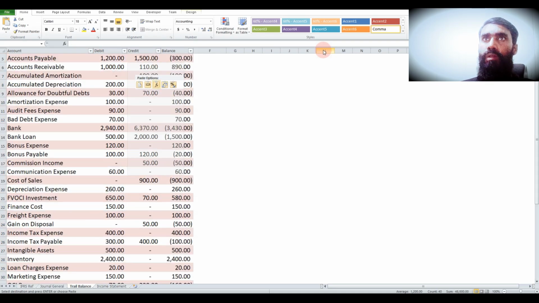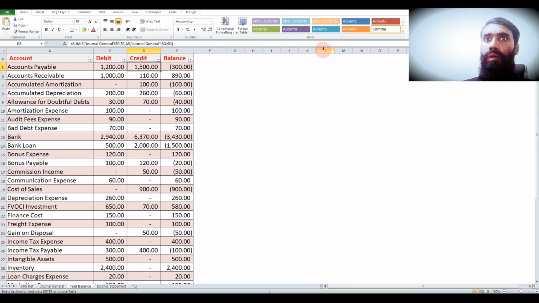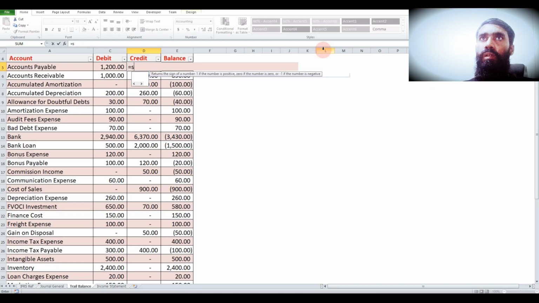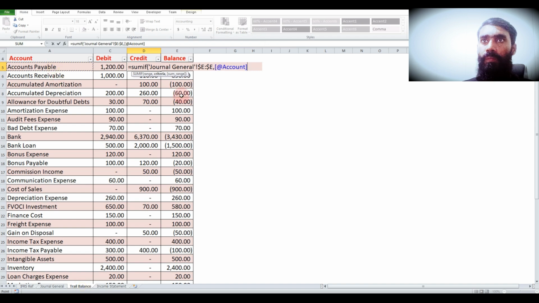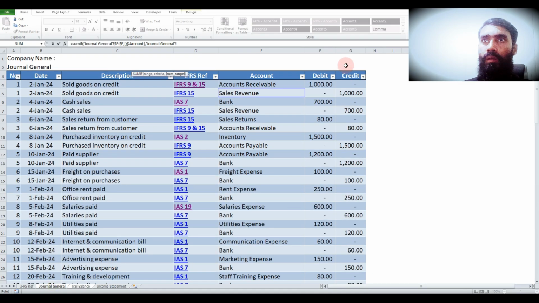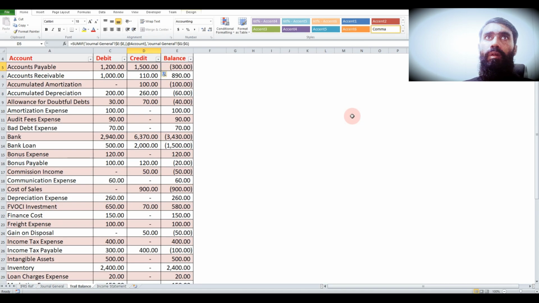and paste the formula here, and if I want this, SUMIF, bracket open, journal this, F4, comma, this, comma, credit side, F4 to freeze, entry.